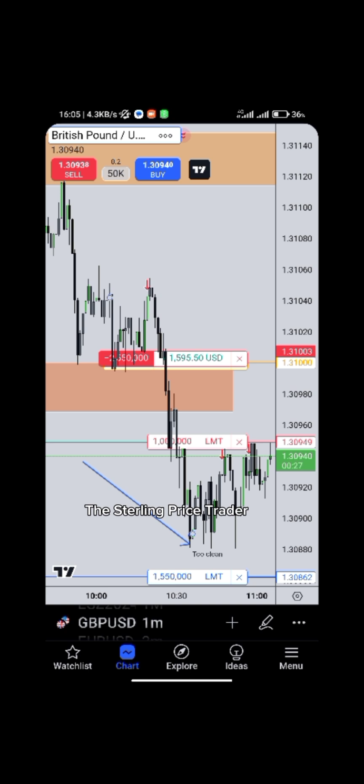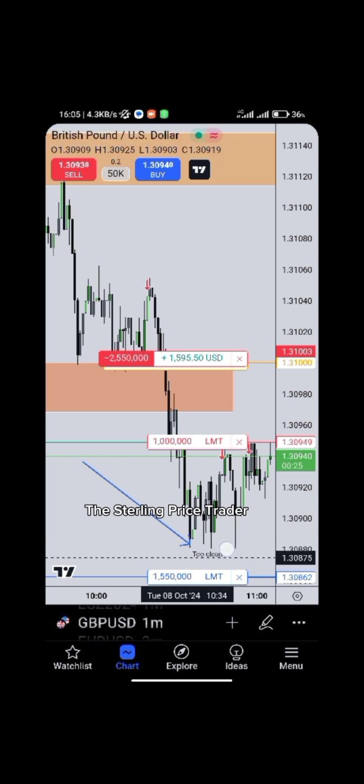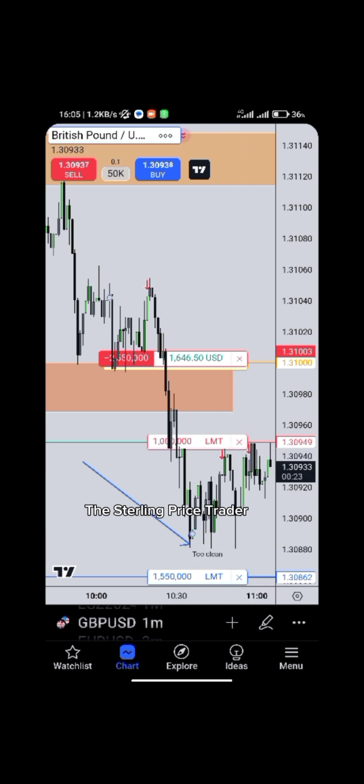But the tops and the bottoms are just clean, like clean. Well, I don't know, but I'd favor the top to be taken out first before the sell side. Right now they are both clean. I want the top to be the Judas, then the downside should be the real delivery, which is a draw on liquidity for price. So let's see which gets first.